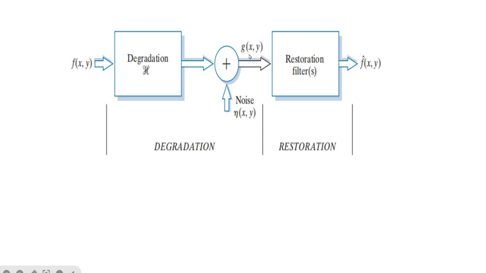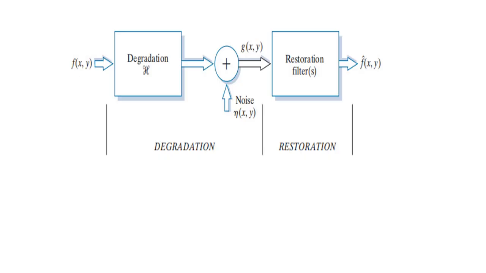Now given this g of x comma y, some knowledge about the degradation function and some knowledge about the additive noise, the objective of the restoration is to obtain the estimate f cap of xy of the original image f of xy.